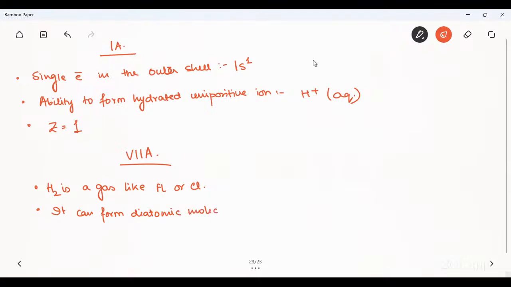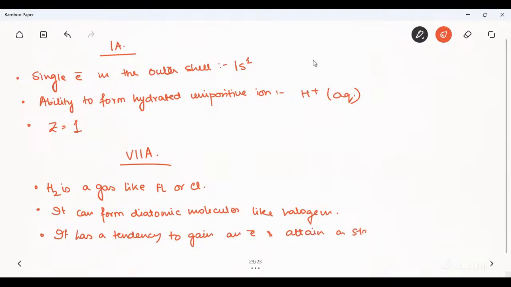Diatomic molecules like halogens, right? And the most important point is that hydrogen has a tendency to gain an electron and attain the stable electronic configuration of helium, because hydrogen is 1s.